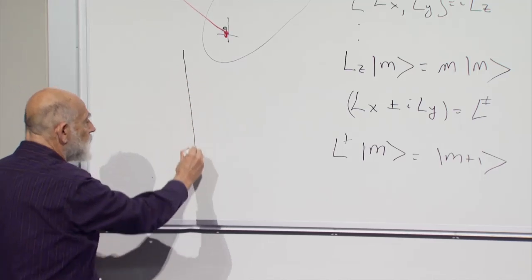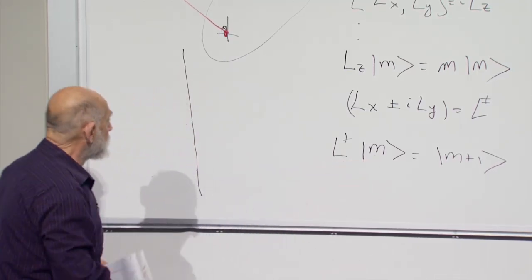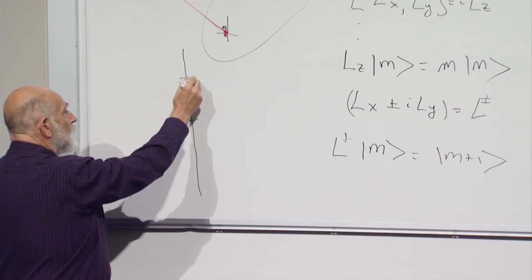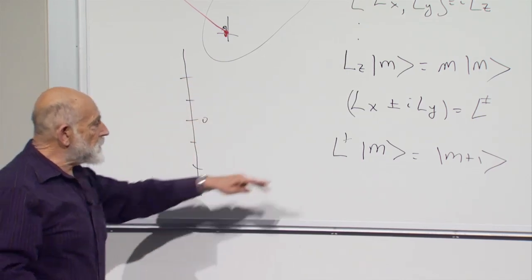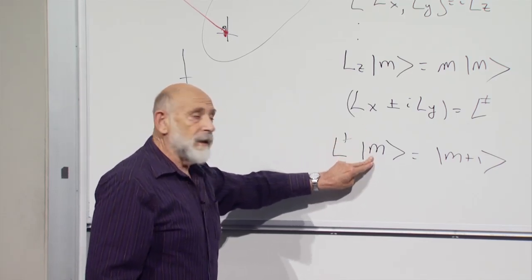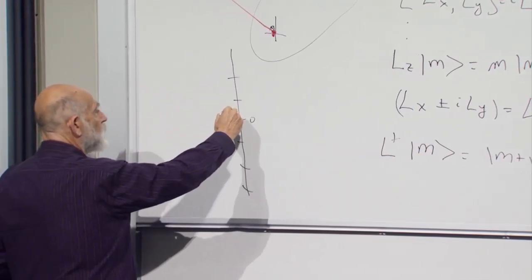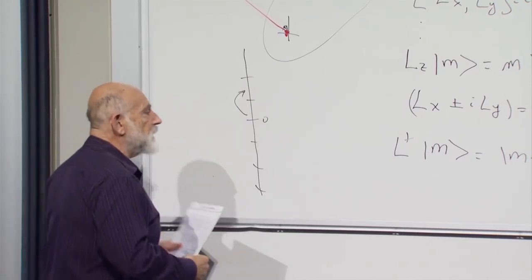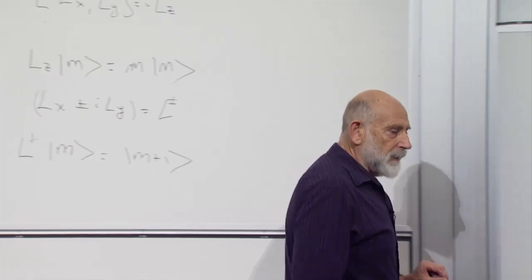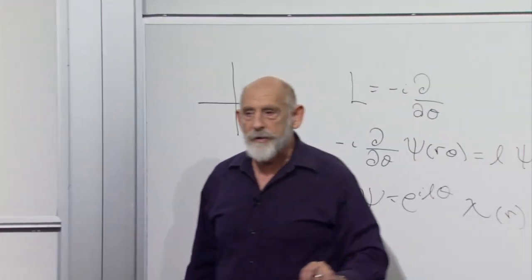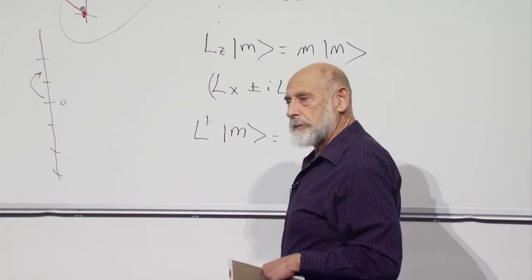If this line represents the spectrum of possible values of m, this tells us that we found another eigenvector which is 1 unit up. It has not yet told us anything about whether the m's are integers or not, but it tells us that if we find one, we can find another one by hitting it with L plus.